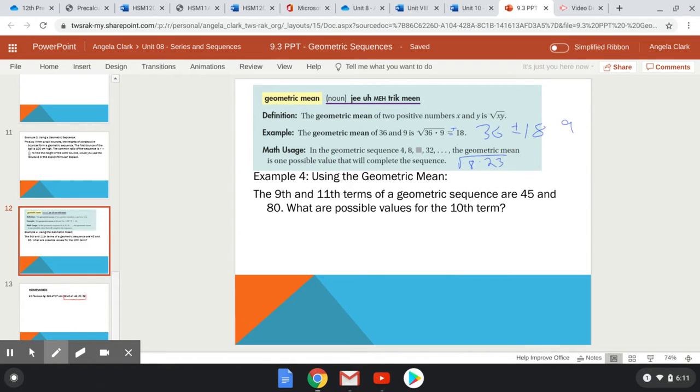That's backwards. Oops. I don't know what happened there. Okay. So 8 times 32. If I put that in a calculator, I am going to get 16.